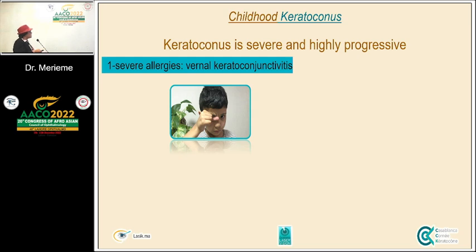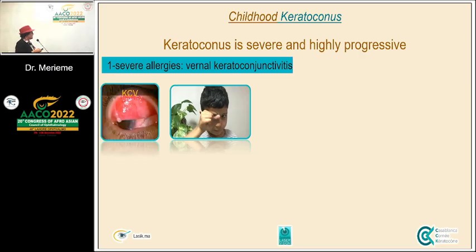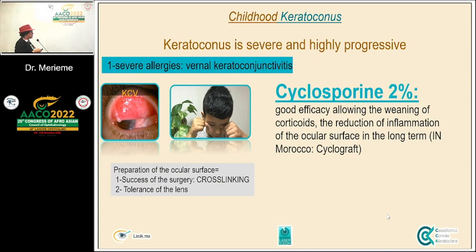Keratoconus in children is severe and highly progressive, with severe allergy. In our country, we have many children with keratoconus and vernal keratoconjunctivitis. We now have treatment of this severe allergy with cyclosporin 2%.